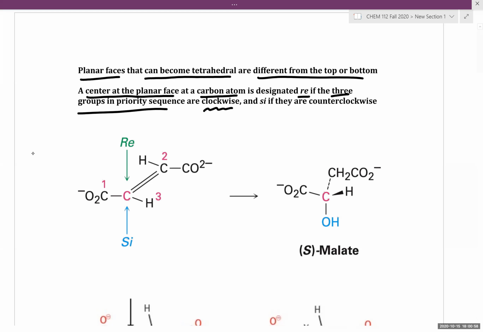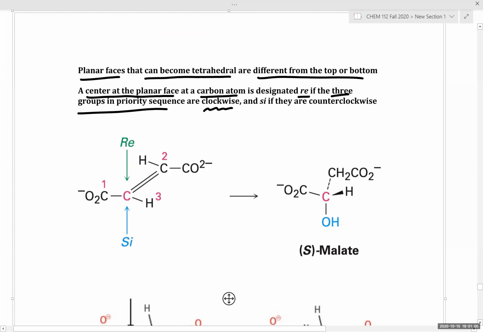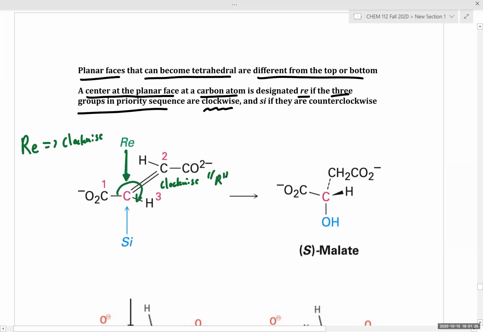So just to make a little key for us to remember, the Re designation occurs if your groups are clockwise in order of priority. Let's show what I mean by that. So from the Re approach, from the top down approach, going from highest to lowest priority, we see that we are clockwise. You can almost think of it like R, right? Does everyone see from the top approach the groups are clockwise?